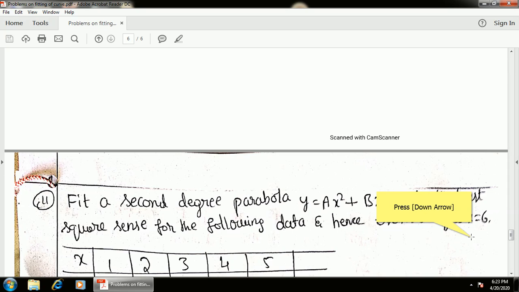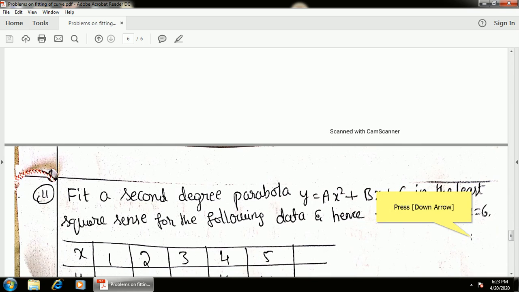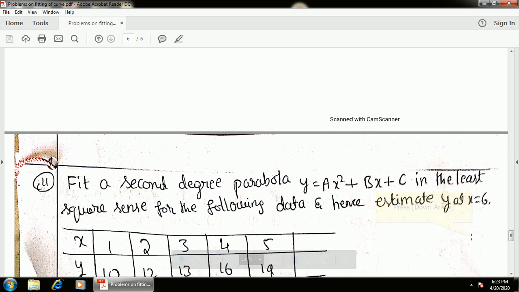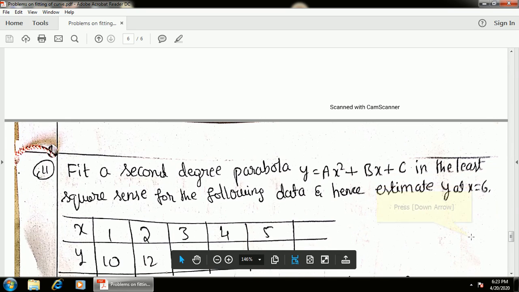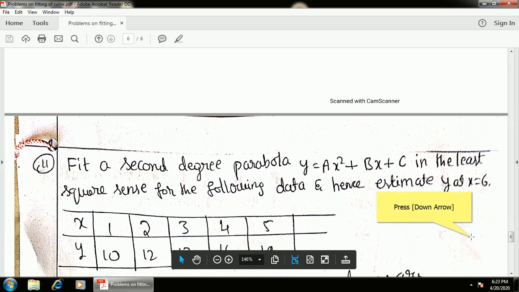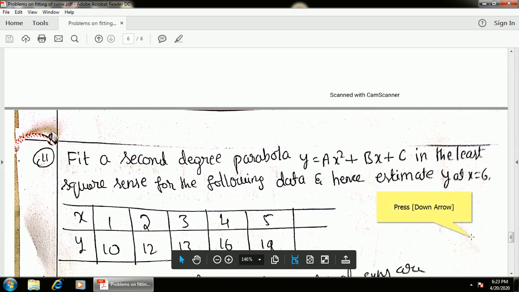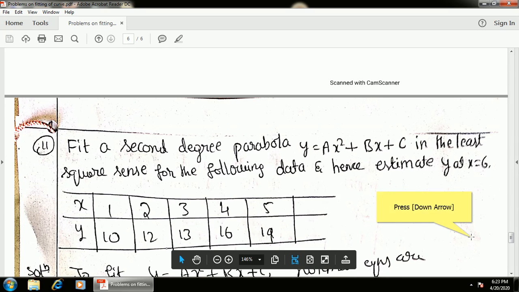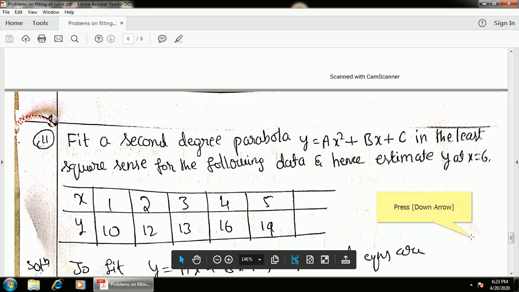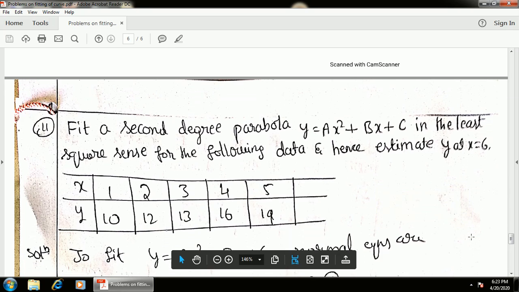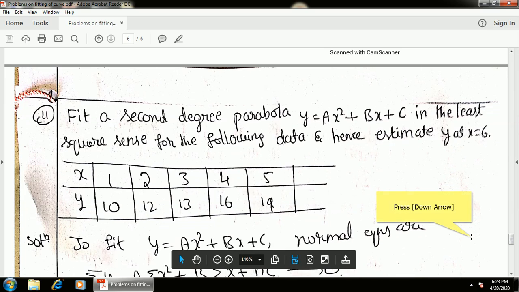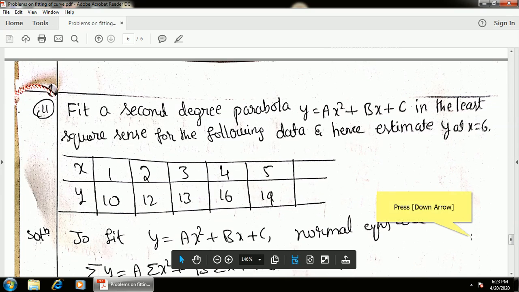Here it is ax square plus bx plus c in the least square sense for the following data. Hence, estimate y at x is equal to 6.